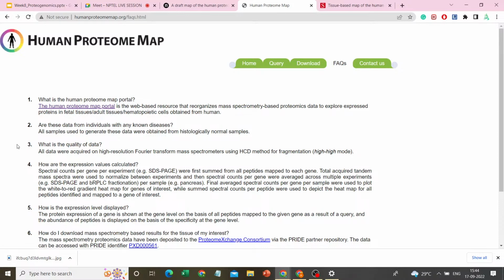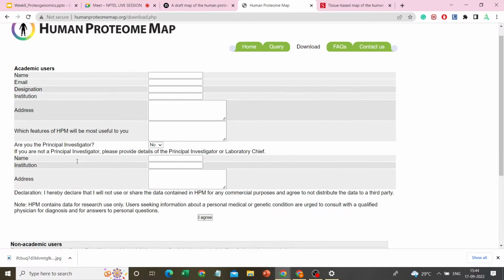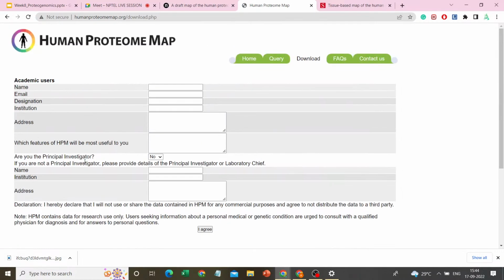So here you can go for downloading. If you want to download, as an academic or non-academic user, you can register and then download the data if you want to run a query.